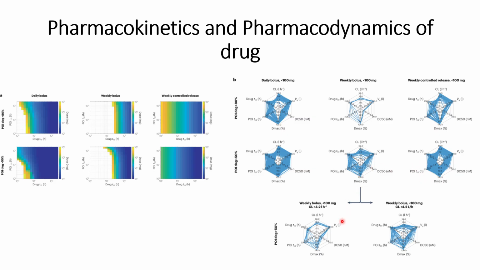One more way by which this spider plot can be plotted is by adding the conditions that the clearance value of the degrader is greater than 4.2 hours, which is on the left-hand side, and less than 4.2 hours, which is on the right-hand side. This could be crucial when we have protein degraders that might also have some toxic effect. I think here the clearance value is related to the protein of interest, but here the clearance value is related to the degraders.